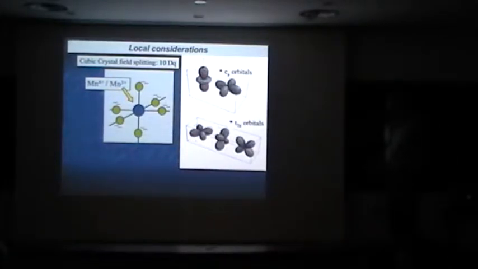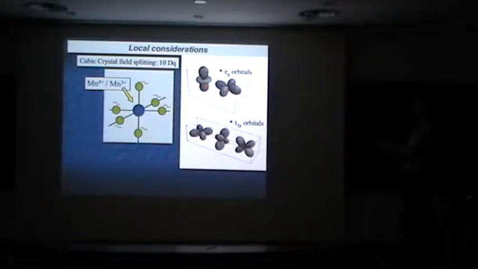So how do the orbitals split here? Well, there's this cubic crystal field splitting, as Tom said, 10 Dq, which lowers the T2G orbitals with respect to the EG orbitals. Why? Well, it is because they are in the middle of this cube of oxygens, and these EG orbitals have electron lobes pointing towards the negatively charged oxygens.